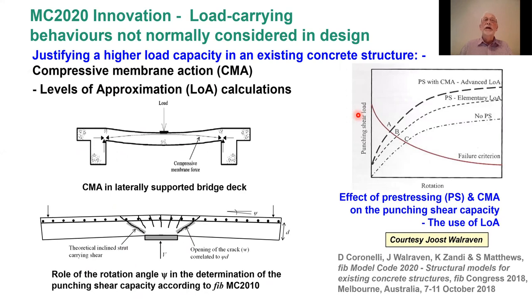And if we portray that as shown in this graphic here, a relationship between rotation and punching shear load, we have different considerations in terms of the technical models: no pre-stressing applied; pre-stressing at an elemental level of approximation, say level 1; pre-stressing with compressive membrane action; and also an advanced level of approximation, so potentially nonlinear finite elements. And that gives us these 3 different levels of approximation estimates of the strength.